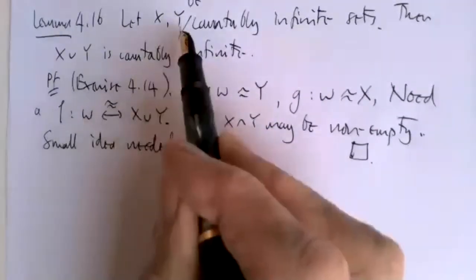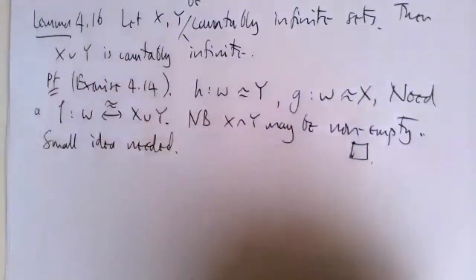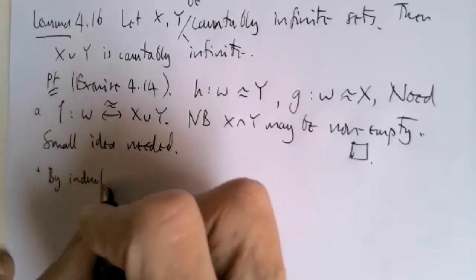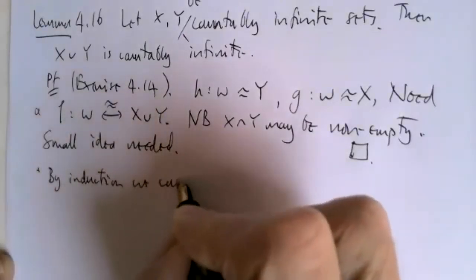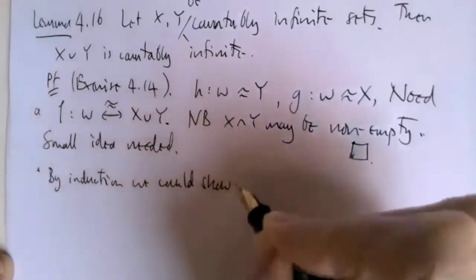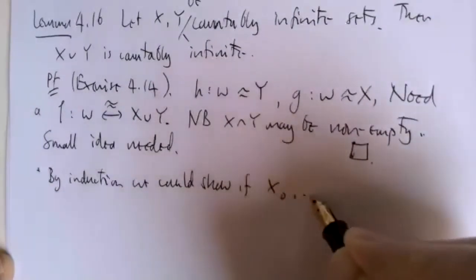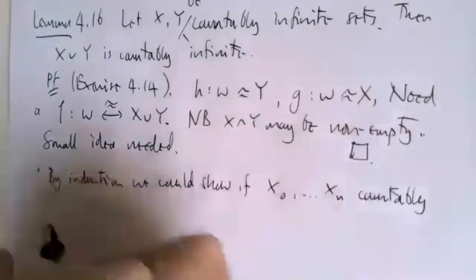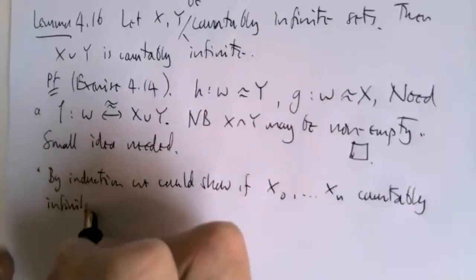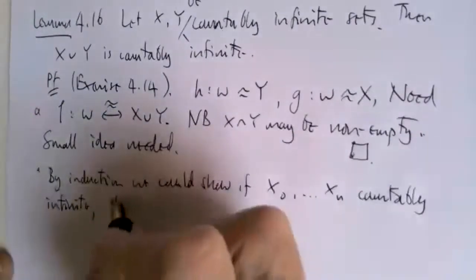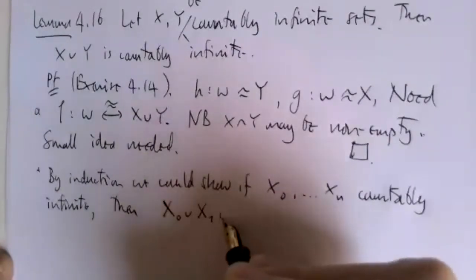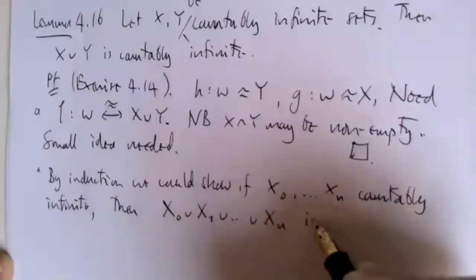Okay, so if I've got two countably infinite sets and their union is countably infinite, I could keep repeating this argument and then show by induction that if I've got sets x1 up to xn countably infinite, then their union is also countably infinite.